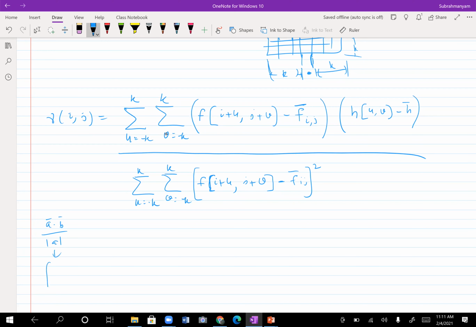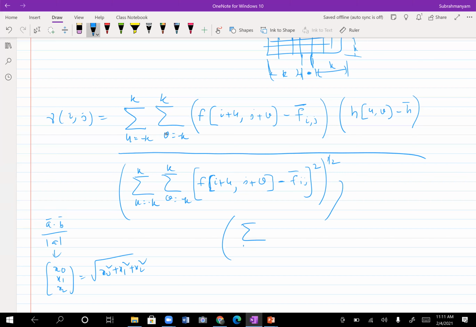How do you find the magnitude? Suppose you have x0, x1, x2, how do you find it? Square root of x0 square plus x1 square plus x2 square, to normalize it. On very similar lines you are doing it, except that you are subtracting the mean, and that's your resulting vector there. Of course, you take the square root of this. What else do you have in the denominator?